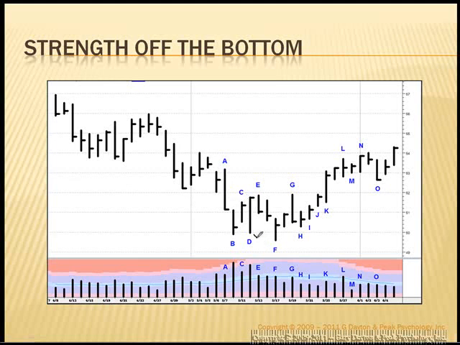All right, tell me what happens on bar D. This is interesting, isn't it? What's happening? How do we describe this? Closing on its highs with an increase in volume after testing the lows of B. Yeah, good, Kevin.